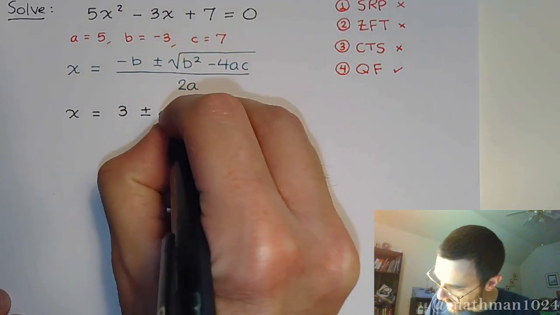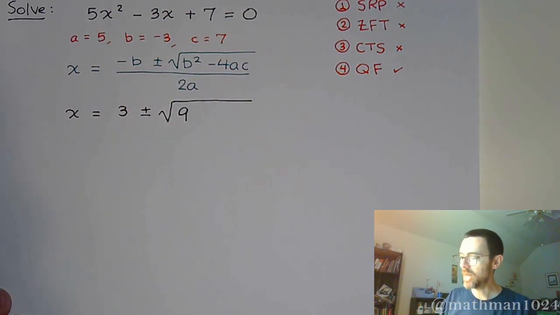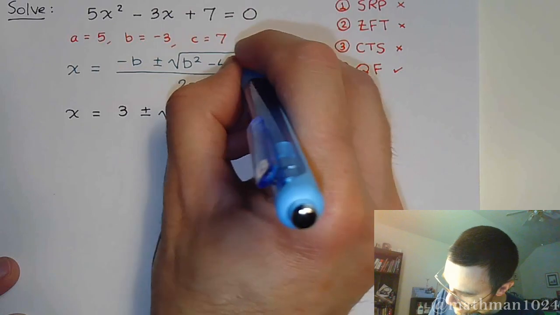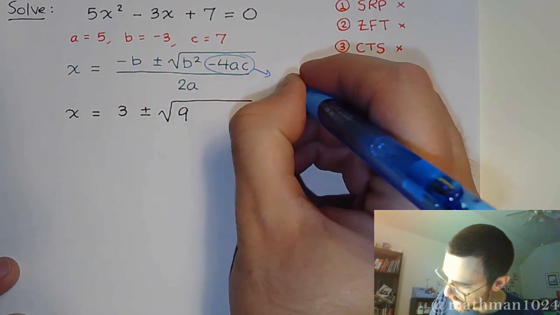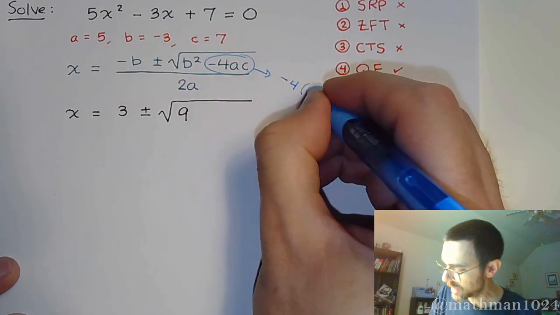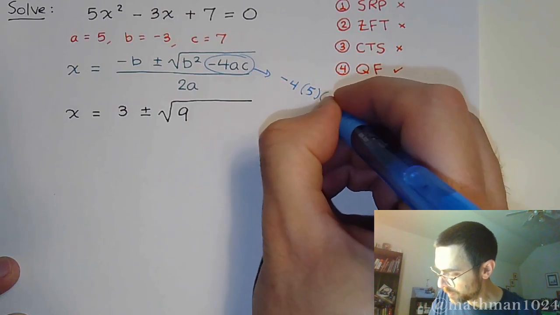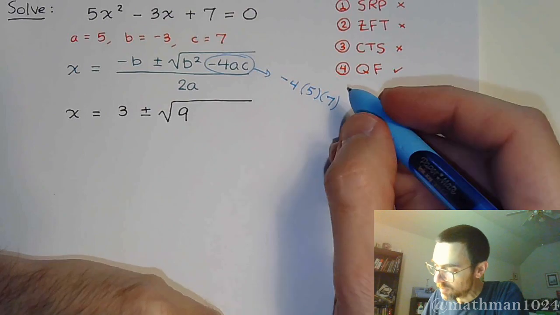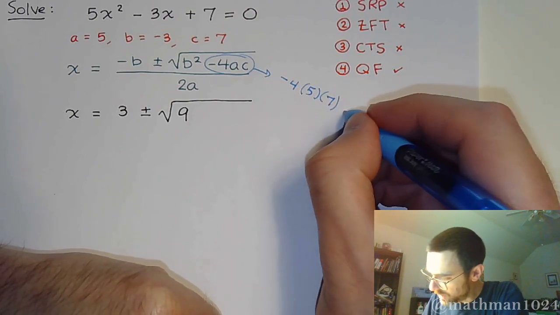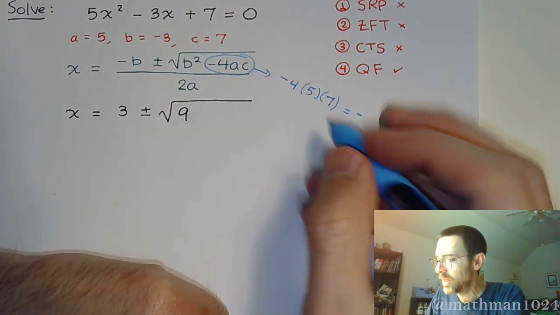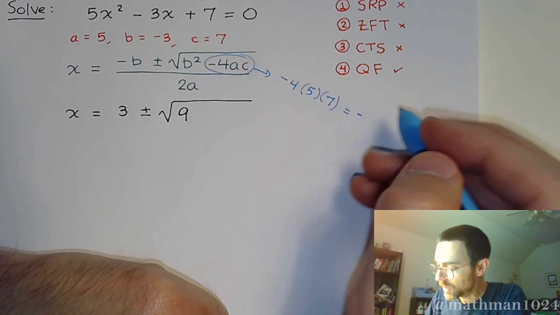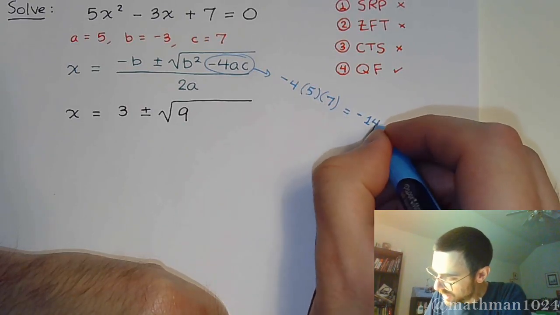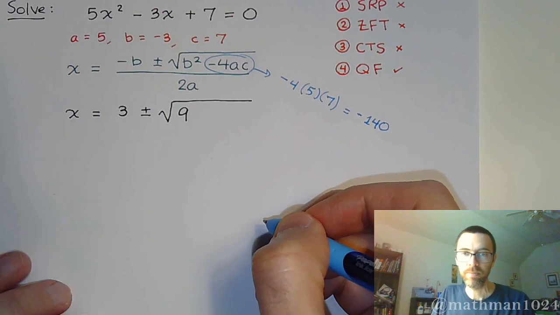All right, so we get 9 minus 4ac. That is -4 times a, which is 5, times c, which is 7. This is going to give me a negative number. 4 times 5 is 20, 20 times 7 is 140.